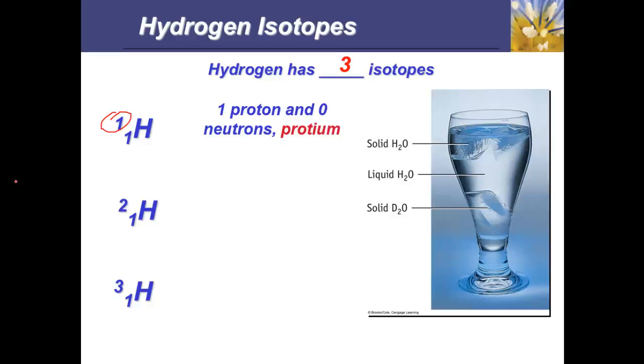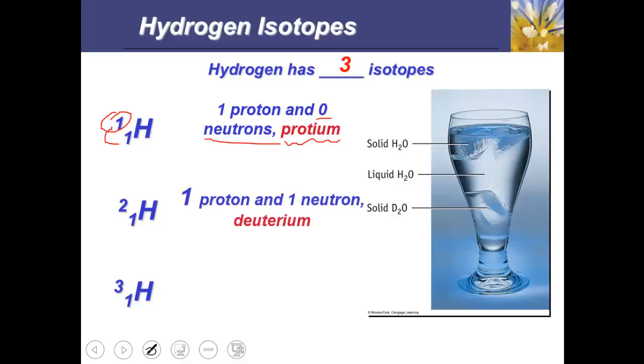If we round that off, it has a mass of 1. So the most common isotope of hydrogen is 1. It has 1 proton and 0 neutrons, because if we take 1 minus 1, it equals 0. So there are no neutrons inside protium, and it happens to be a name. These are the only isotopes that actually have names.